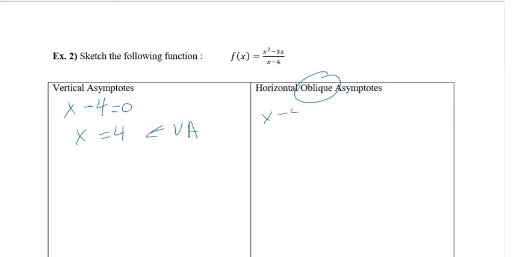x minus 4 into x squared minus 3x plus 0. Just to speed things up, because hopefully you guys are okay with this, I'm going to just write it out really quickly.